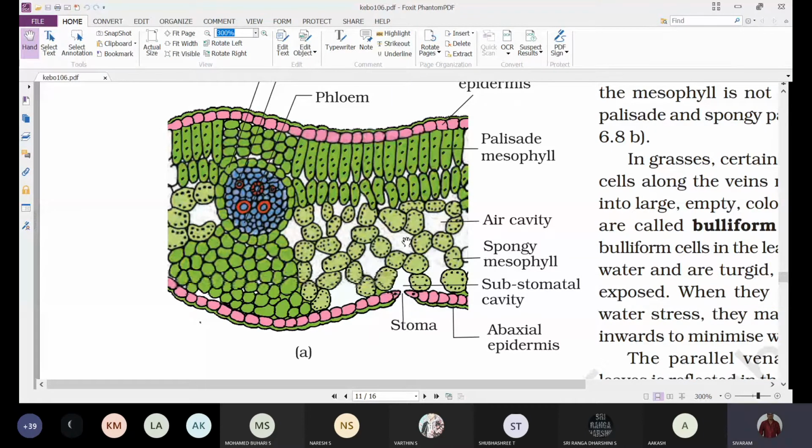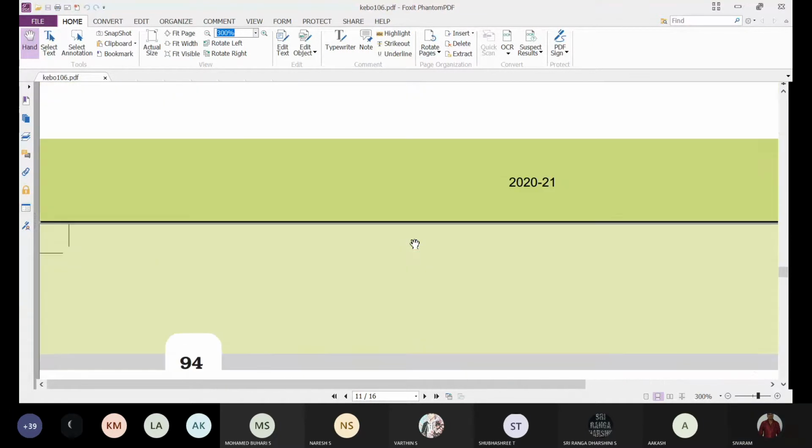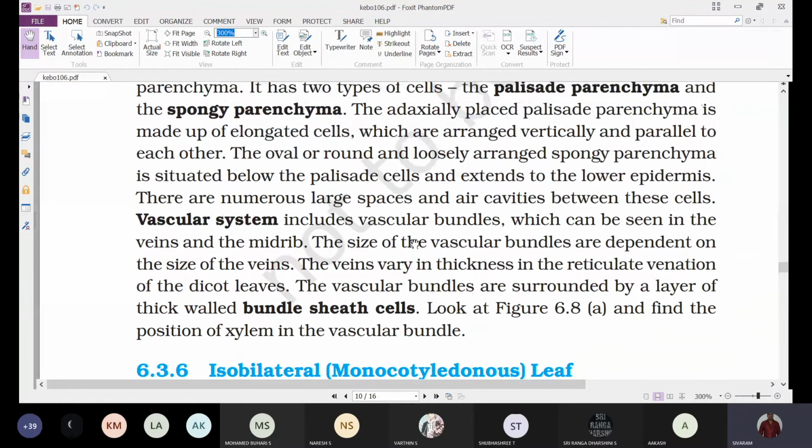The spongy parenchyma has large intercellular spaces, which form the air cavities that help in the exchange of gases. There is a diffusion of gases. That is why the spongy parenchyma is towards the lower epidermis, because towards the lower epidermis we usually find the stomata.